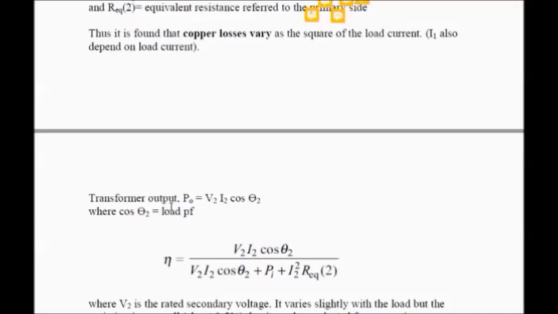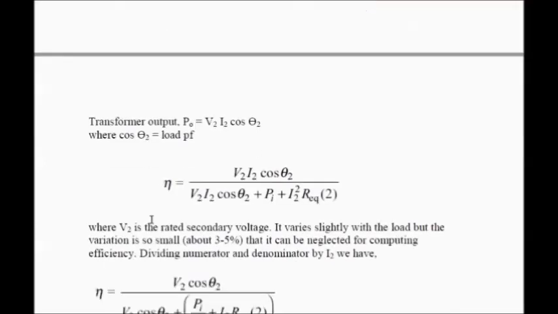So transformer output P naught will be V2 I2 cos theta 2, where cos theta 2 is load power factor. So efficiency is what? Output upon output plus losses. So this is V2 I2 cos theta 2 upon V2 I2 cos theta 2 plus the losses, and losses are what? Pi, which is core loss, plus I2 square R equivalent 2.